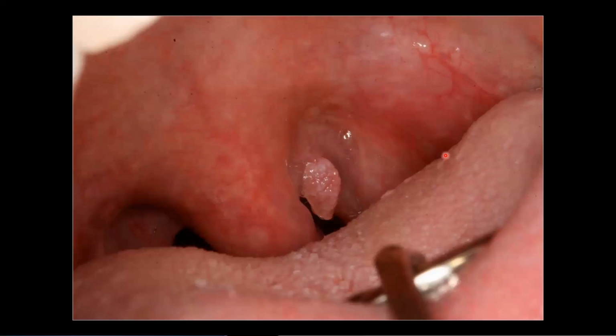This is what they can also look like. They can have normal coloration. If you look at the surrounding tissue, it looks within normal limits of the normal color. But you'll still see them as being exophytic, pedunculated, and having all these finger-like projections.